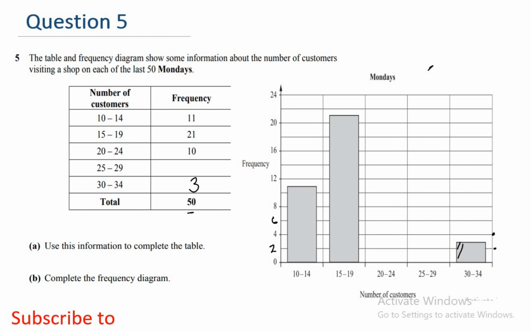I got it from this graph that is above 2 but less than 4. Now, I can find 25 to 29. Since I know that the total is 50, to get this missing frequency, I'll just sum up 11, 21, 10, and 3 together.